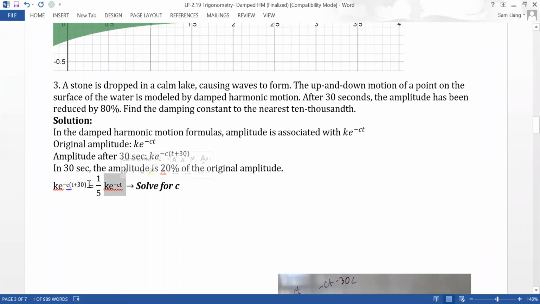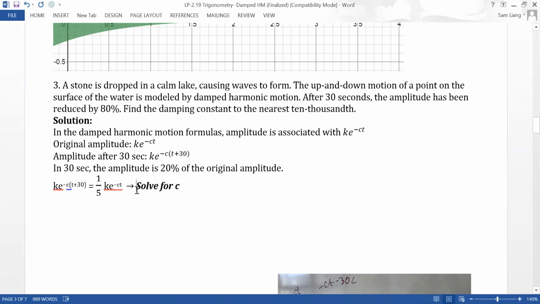If you want to use numbers, let's say again the original is 1, and then the new one would be 0.2. So in this equation we would have 0.2 equals 1/5 times 1, which does match up. Then our job is to solve for the damping constant, which I remind you is the parameter c. But I want you to try that on your own.